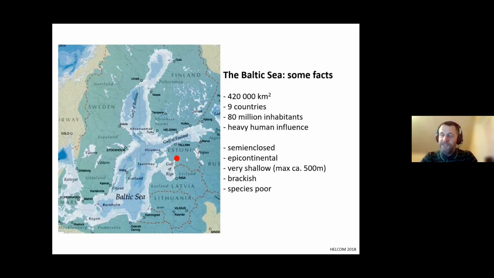And because it's brackish, it's a very species-poor system, meaning that there are only very few species which actually tolerate these conditions, neither fully marine nor fully fresh.